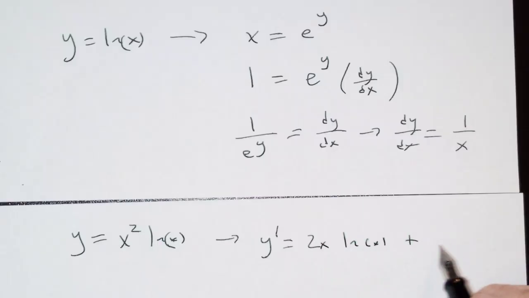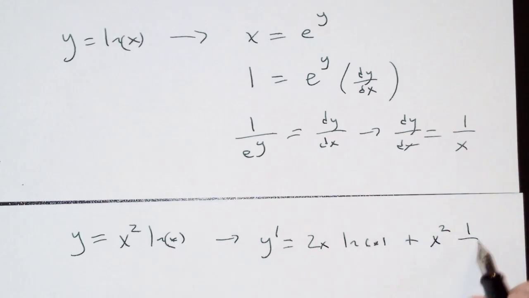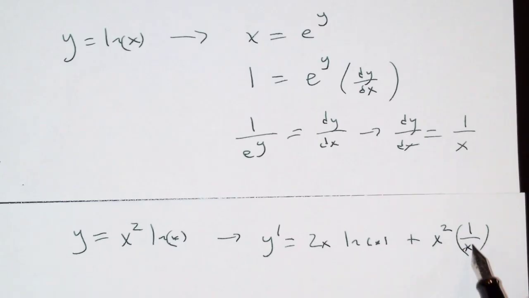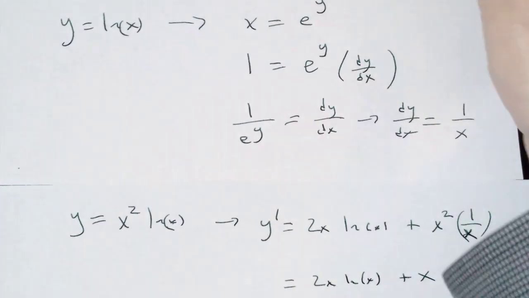Then I leave the first alone, do the derivative of the second, and there's my derivative. Again, simplification is not required, but that's going to cancel, isn't it? That's easier to work with.